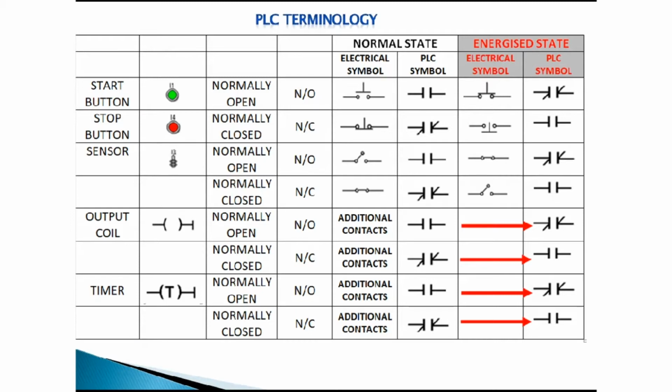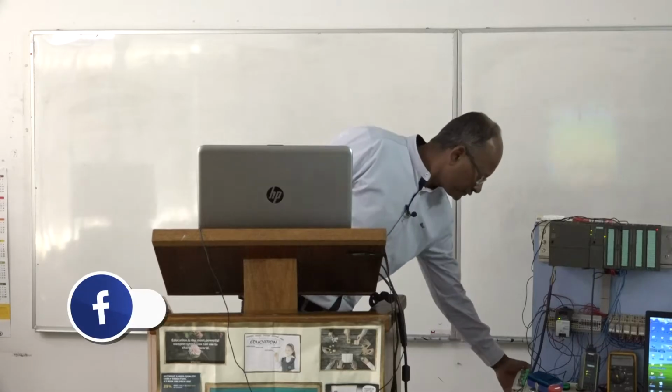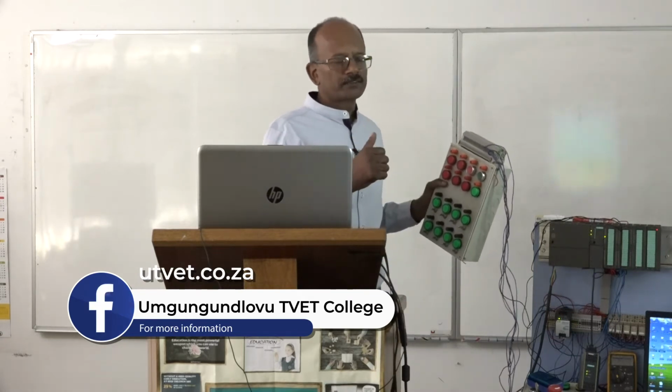We discussed the start button, which is a normally open switch, and we said in industry it is normally green. And normally open means it's an open contact in its normal state. We also mentioned the fact that it is a push button switch, which is actually spring loaded. All right, so if I press and leave it, it makes contact, it breaks contact.